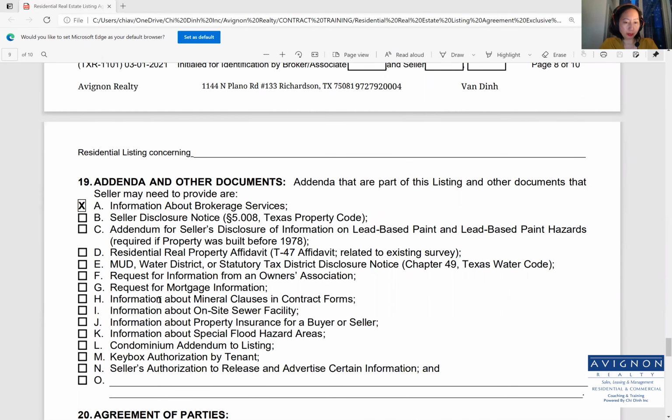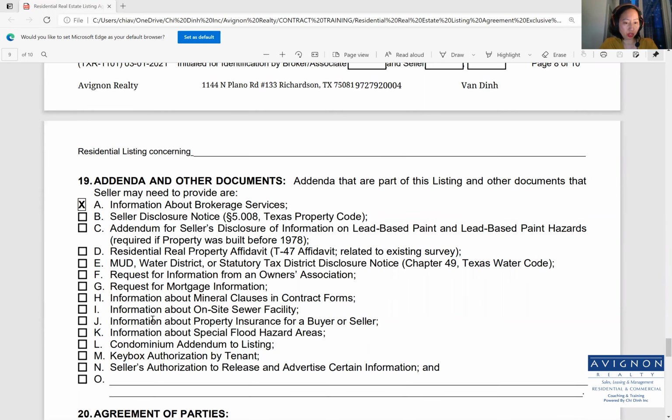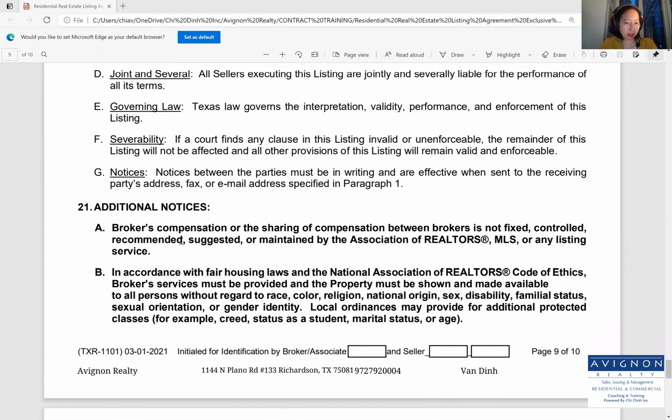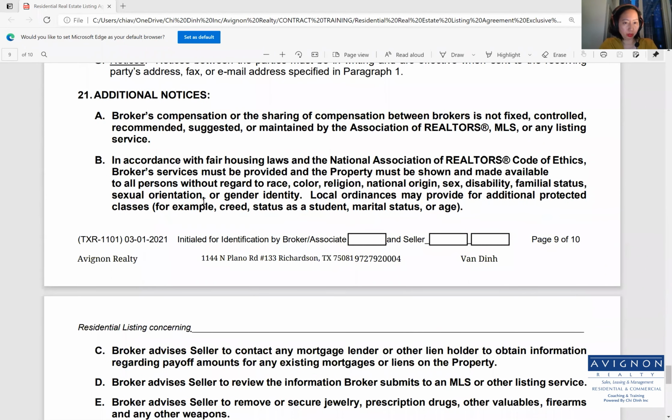addenda, and other documents that pertain to this listing need to be all checked. And then agreements of all parties. Then there's also additional notices here.